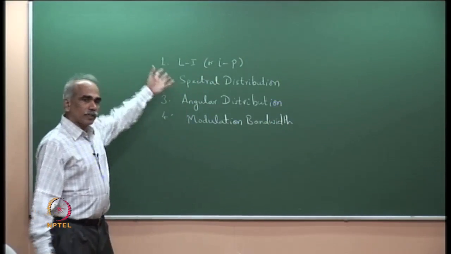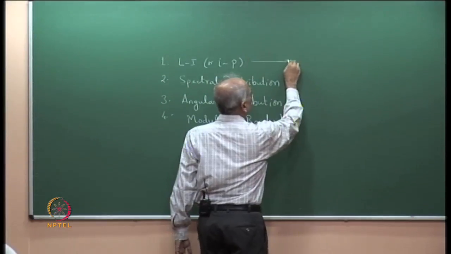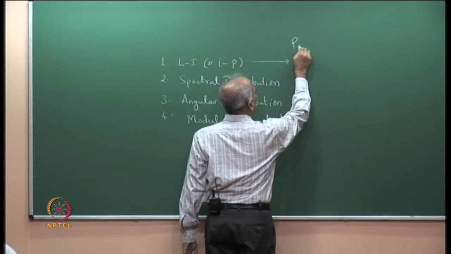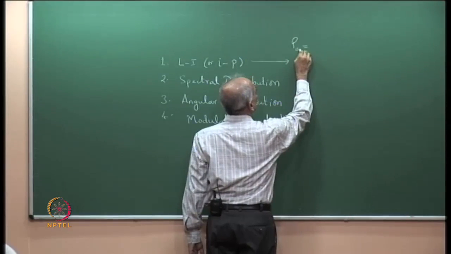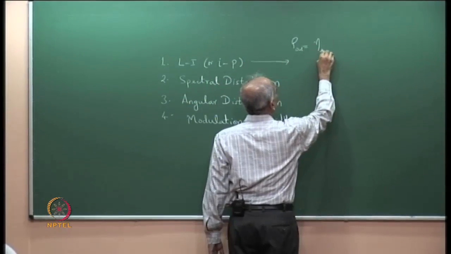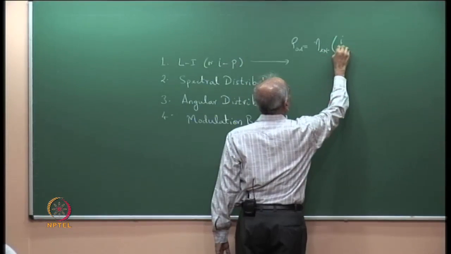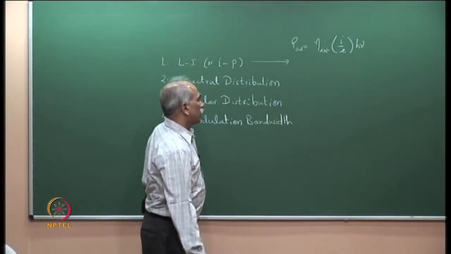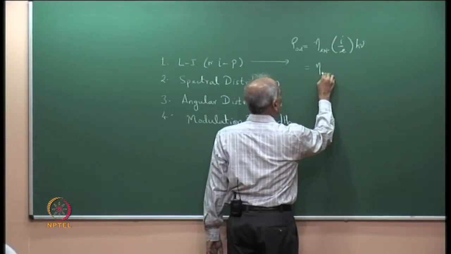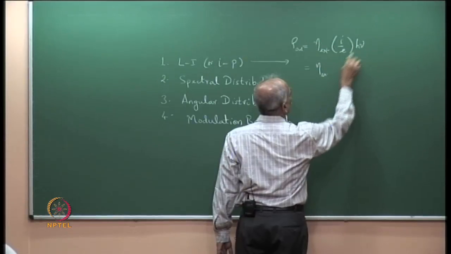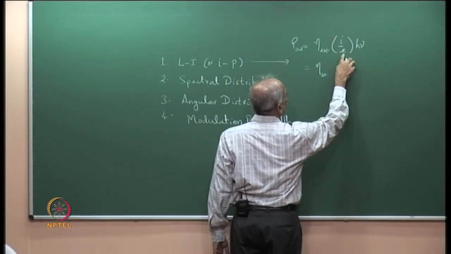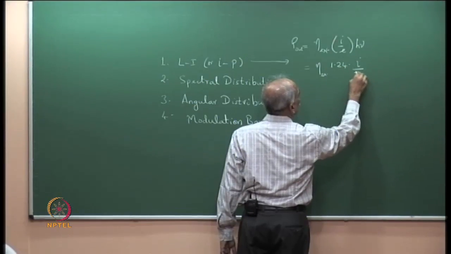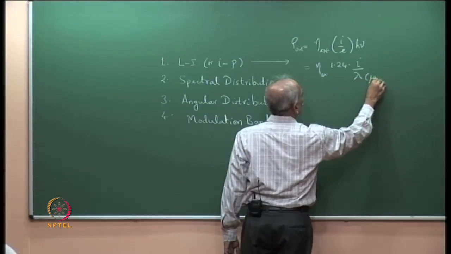We started discussion on the light current characteristics, and we know that the optical power generated is given by P out optical equals eta external into I by E into h nu, which you can also write as eta external into h nu, where nu is C by lambda. So h C by E is 1.24, and P out is eta external into 1.24 I by lambda, where lambda is in micrometers.